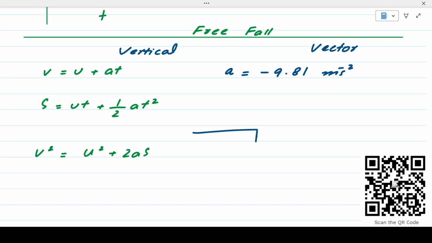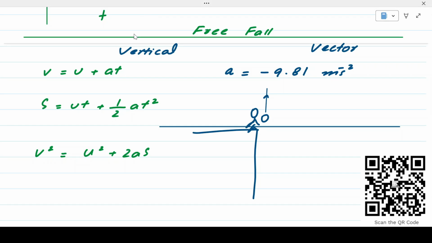Let's say an object was thrown from a platform, from a cliff, and it goes up. So the cliff is your reference point. If the object was above the reference point, the value of displacement should be taken as positive.